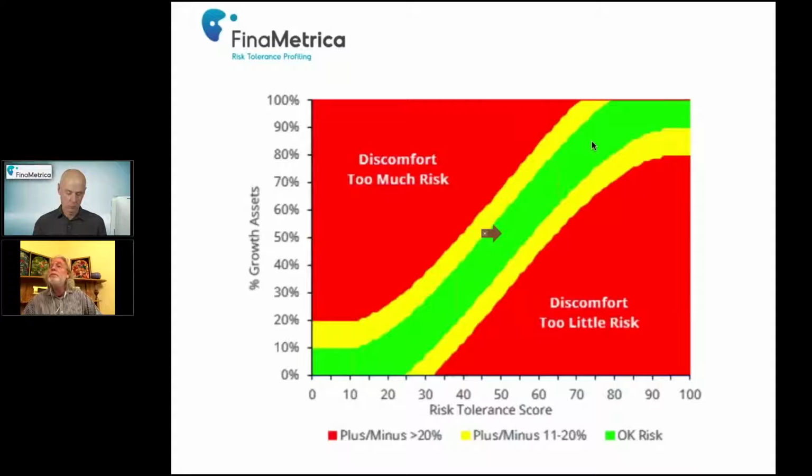We often have a debate with advisors about collaboration versus paternalism. Even from the time we launched almost 20 years ago, a number of advisors were saying the clients come to us and we tell them what to do. And we always found that uncomfortable.